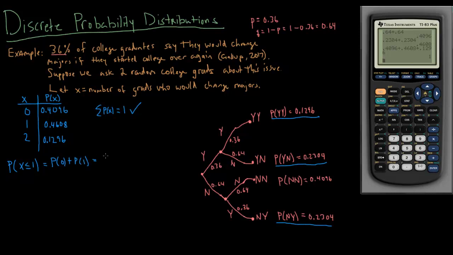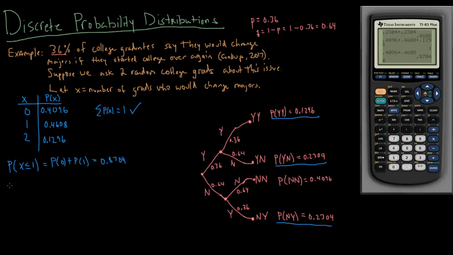Okay? Which is 0.4096 plus 0.4608. So the probability of one or fewer people saying they would want to change their major if they started over again is 0.8704.